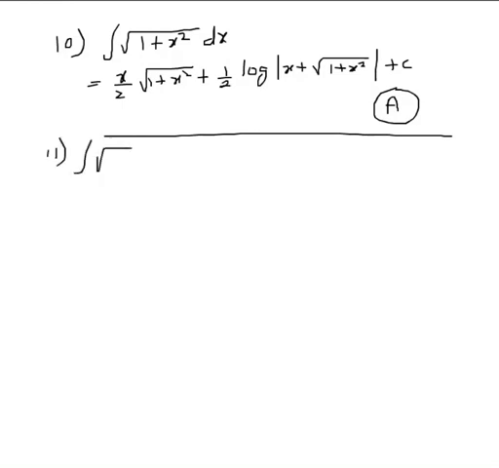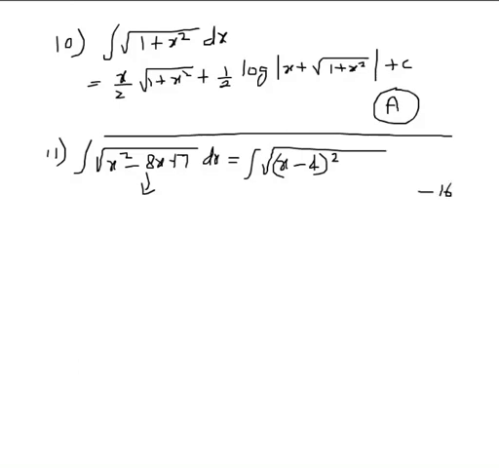Question 11. Same. You have to complete the squares. Integral root of x minus, divide the coefficient of x by 2. So 4 the whole square. B square term is 16, subtract, and plus 7. Minus 16 plus 7 is minus 9, which can be written as 3 square.